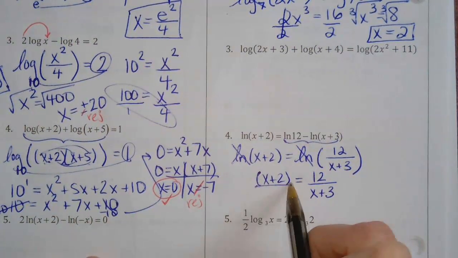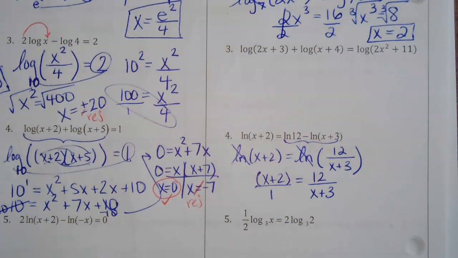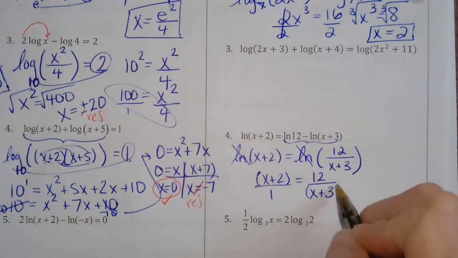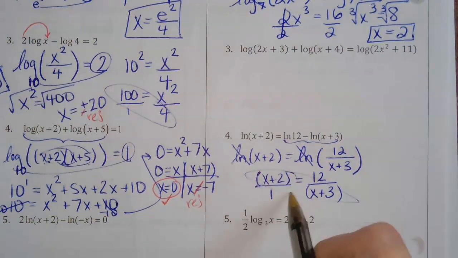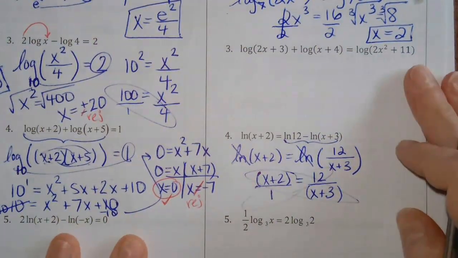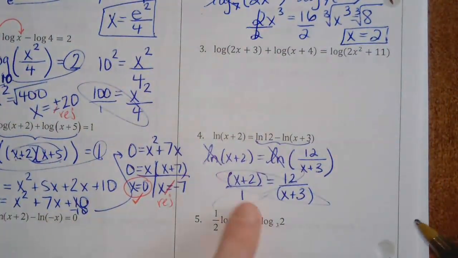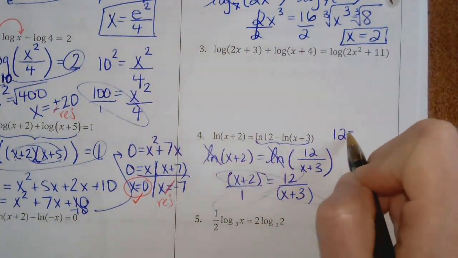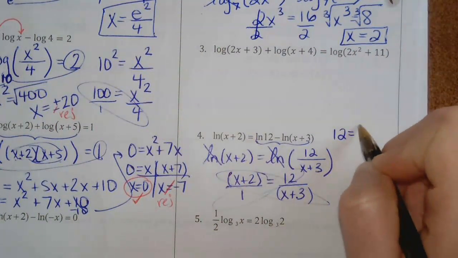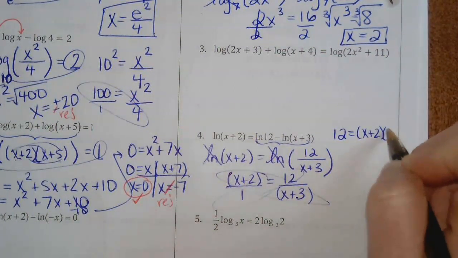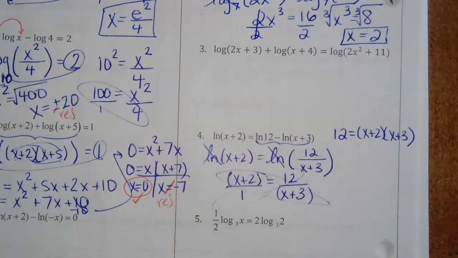If this was me, which it is, put it over 1 and let's cross multiply. So I'm going to swing this over to my margin space. All right, so if I cross multiply, I have 12 equals x plus 2 times x plus 3.